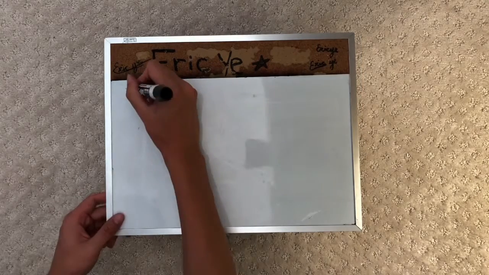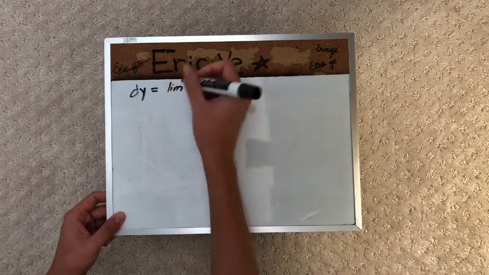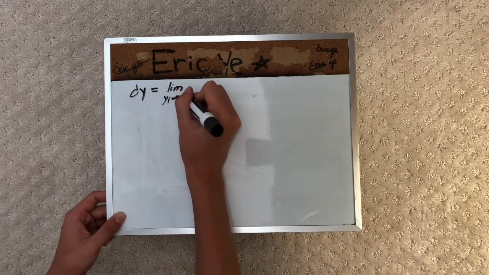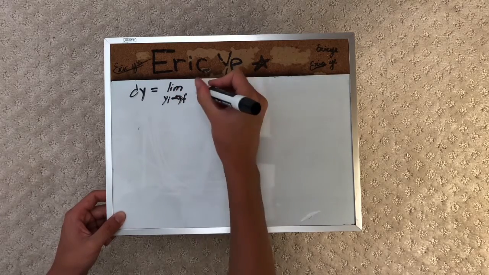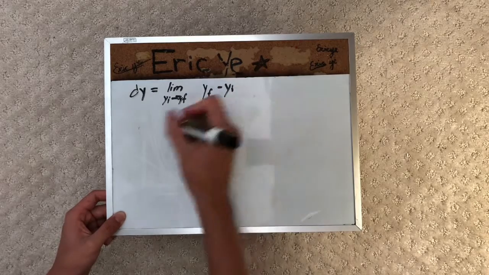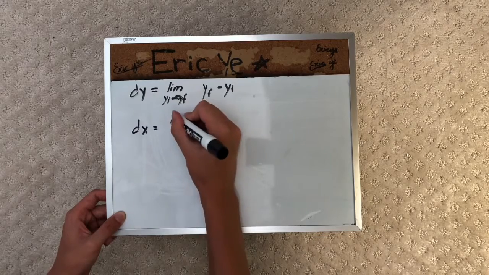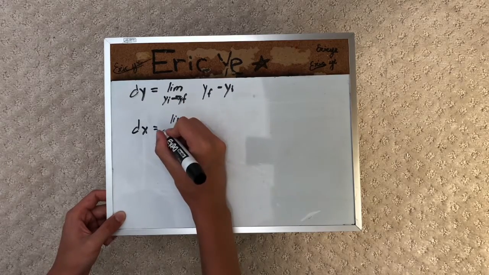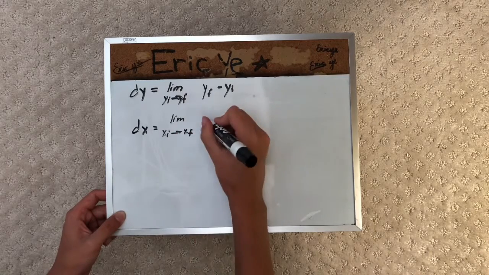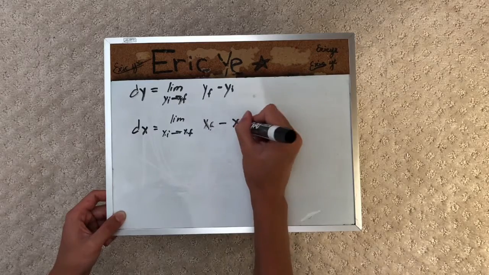So dy is equal to the limit as y initial approaches y final of y final minus y initial, and dx is equal to the limit as x initial approaches x final of x final minus x initial.